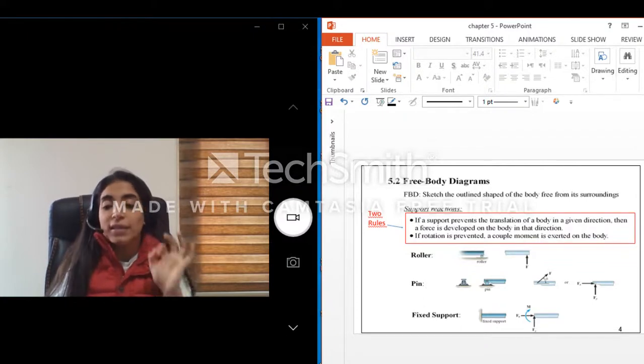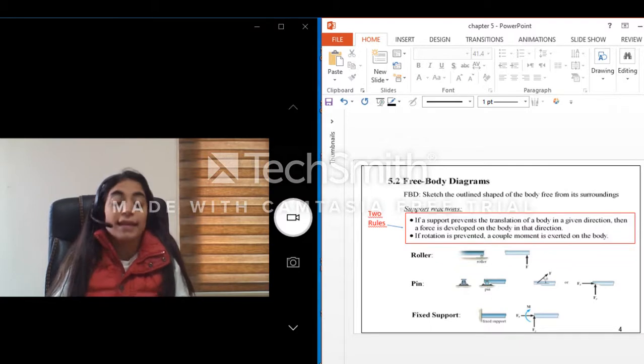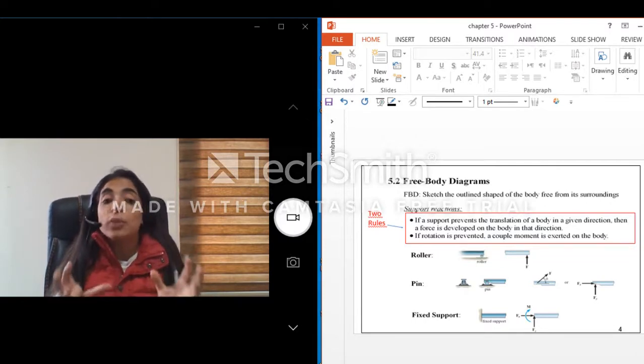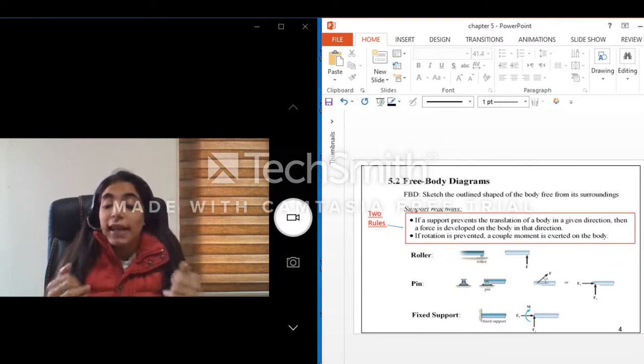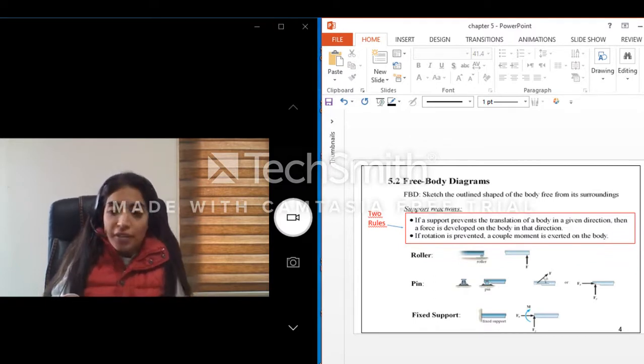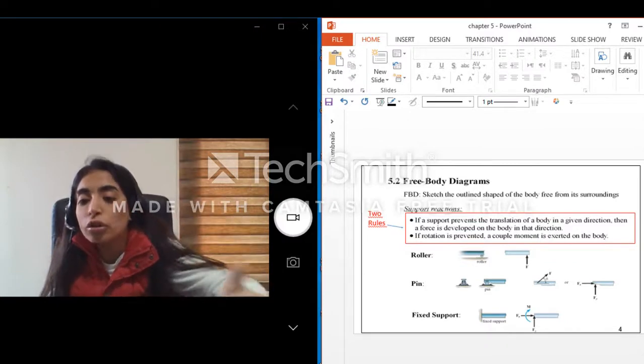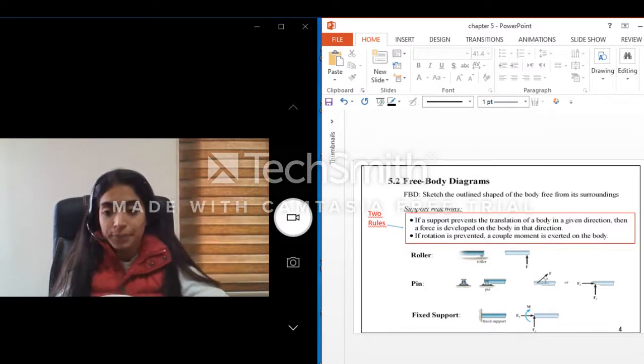The first main rule states that if a support prevents the translation of a body in a given direction, then a force is developed on the body in that direction. And this is what is called reaction. In French, réaction normale. So this is what is called reaction.